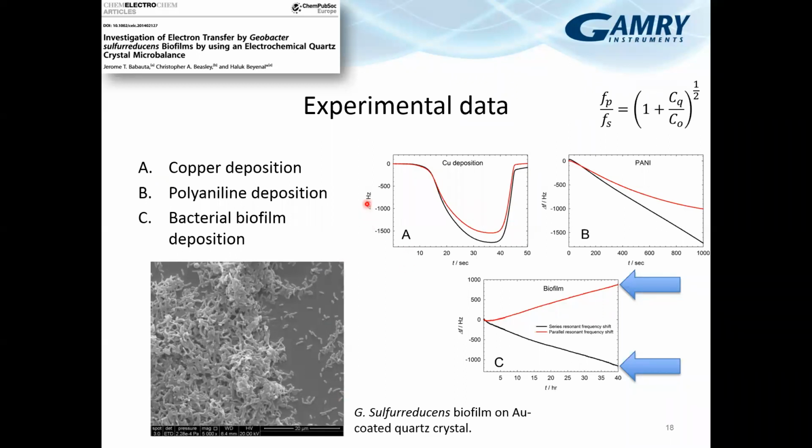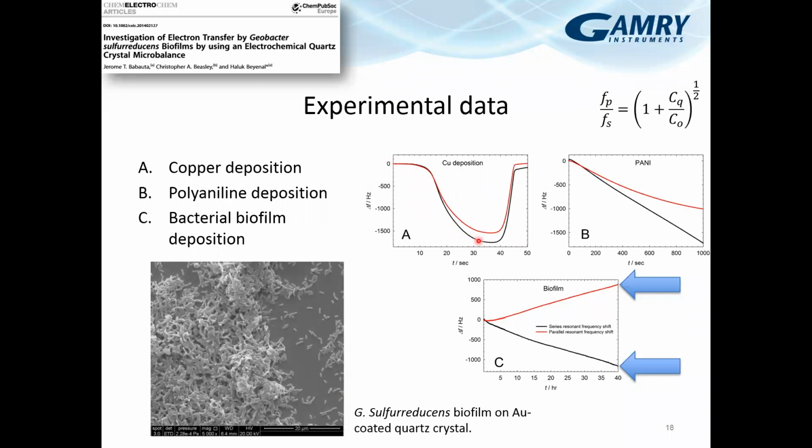Here are plots of the delta F, which is the frequency shift on the y-axis, and time on the x-axis. I won't worry about the details, but essentially you have copper coming down onto the surface. You see a decrease in the frequency shift.